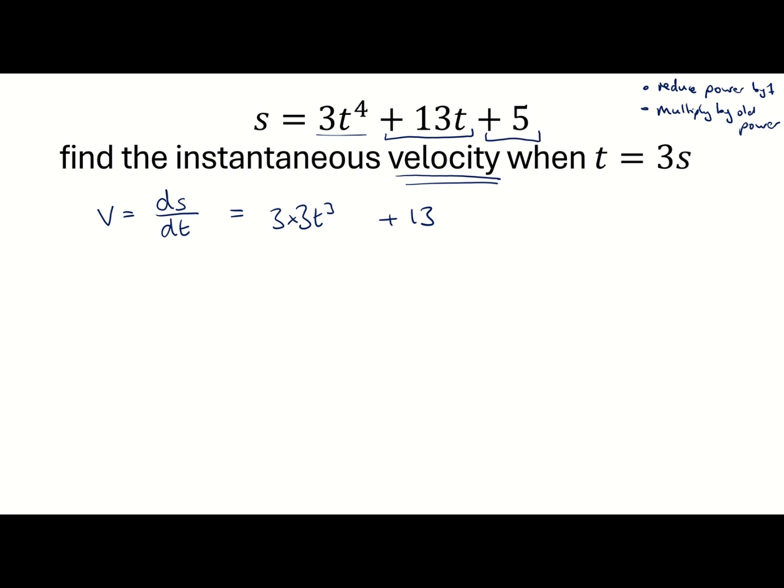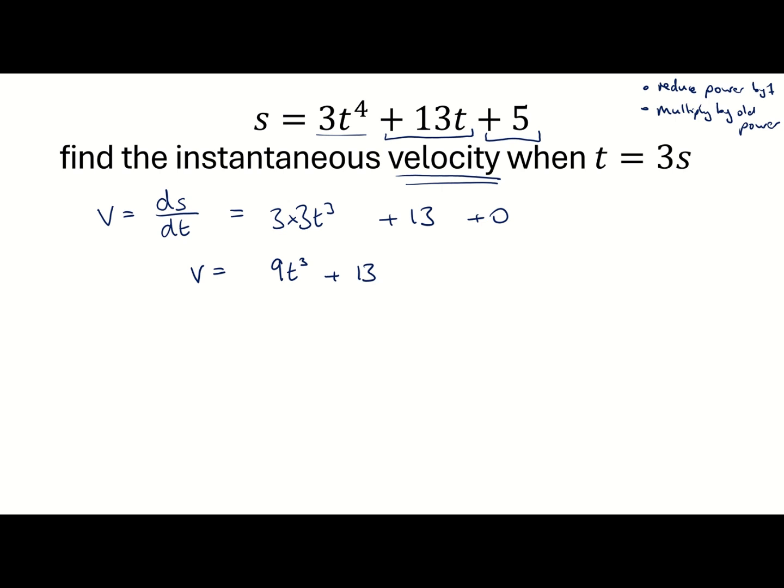And then what happens if we have a constant term, that plus 5? Remember, if we differentiate a constant term, it disappears. It means that that term itself does not change as time changes. So the gradient would be 0 for that term. So plus 0. All right, so let's tidy this up. We've got v is equal to 9t cubed plus 13.